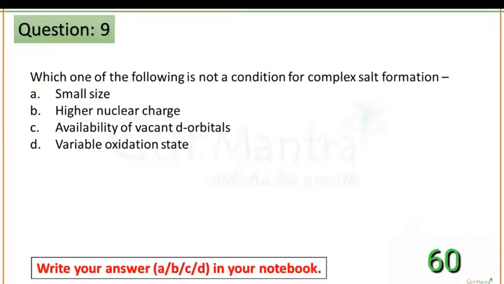Which one of the following is not a condition for complex salt formation? Options are small size, higher nuclear charge, availability of vacant d orbitals or variable oxidation state.